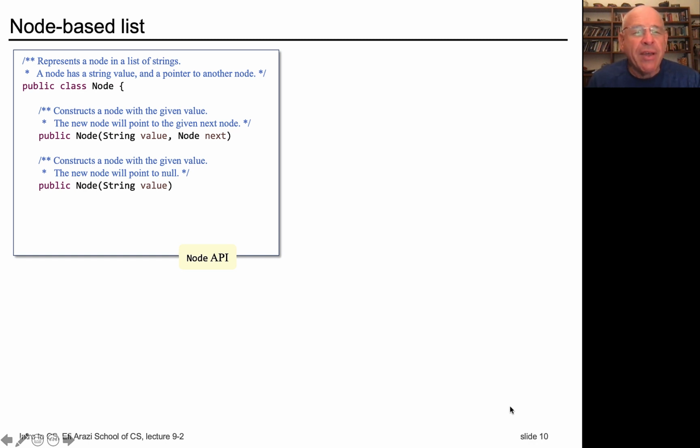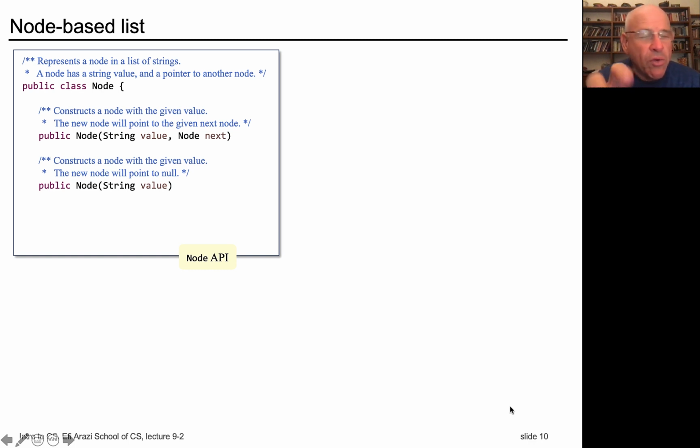Just to make my life easy, I will also allow to create nodes that have no next parameter. If I don't specify a next parameter, I will create a node that points to null. Okay, this is the last node in the list, or sometimes I will need it for other purposes.